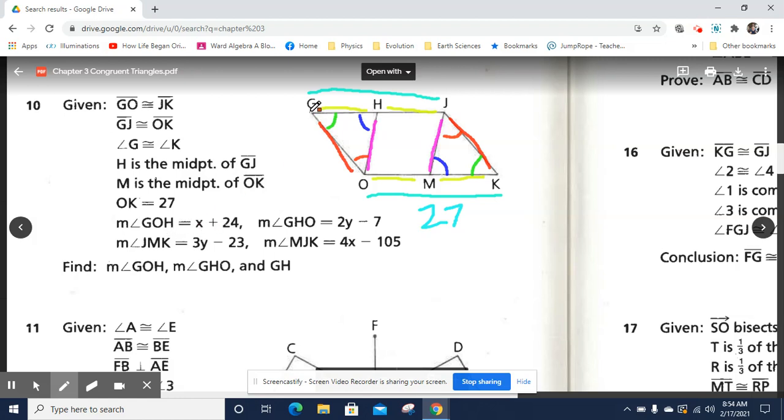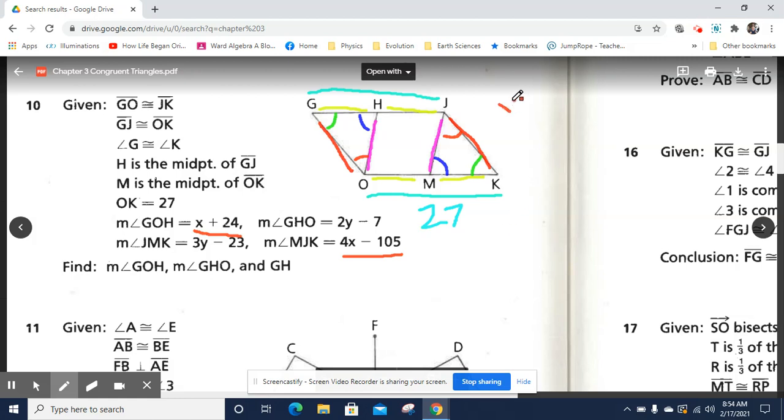So this is GOH. That's this orange color-coded angle. Let's look for what the other one is. The other one is MJK. That's congruent to it, and MJK is this expression here, 4x minus 105. This is x plus 24. So we could make those two expressions equal to each other since those measures are congruent, and then we can just solve for x.